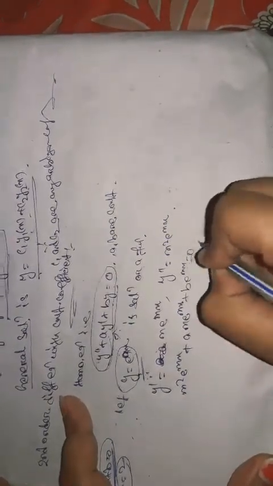Then next we put these values in this equation: m square e to the power mx plus a m e to the power mx plus b e to the power mx equals 0.